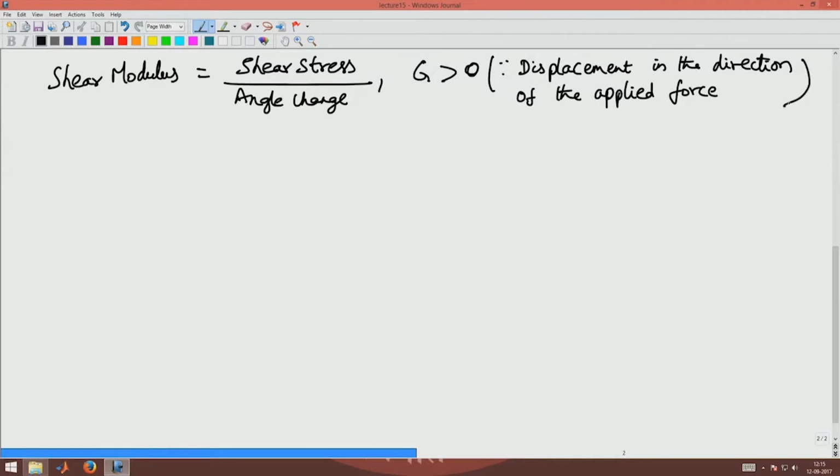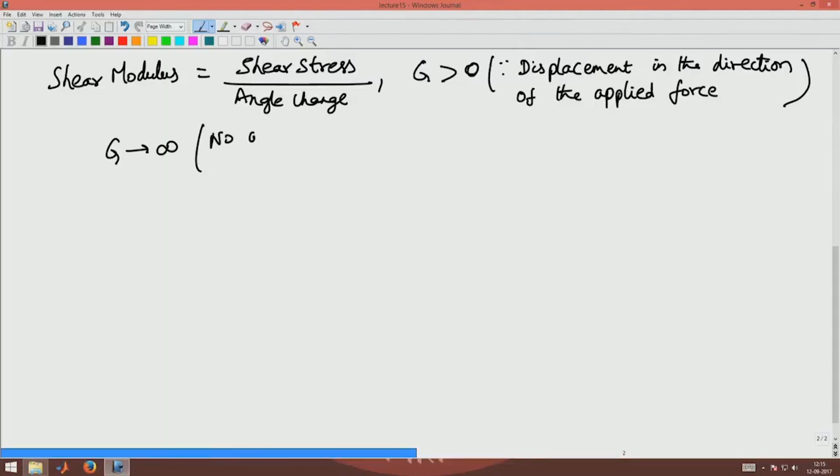Again, shear modulus tending to infinity means there is no angle change despite there being a shear stress applied.